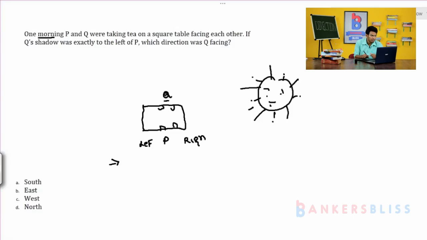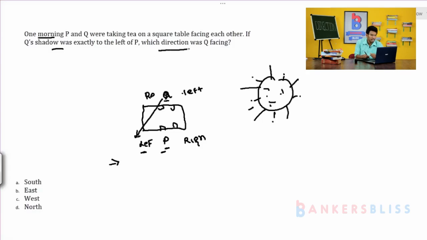Then Q's shadow exactly to the left of P. Left of P means it should be reverse, it should be right and should be left.